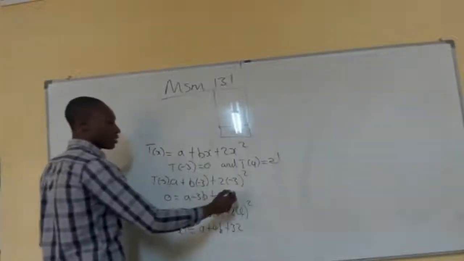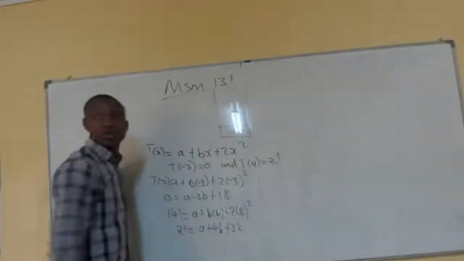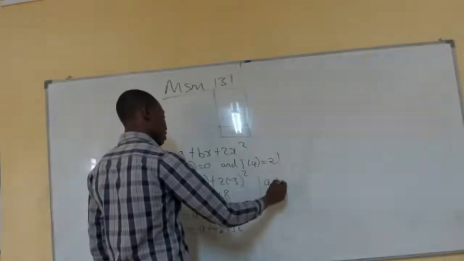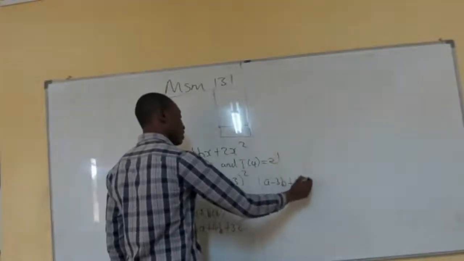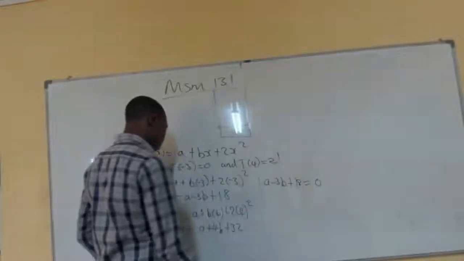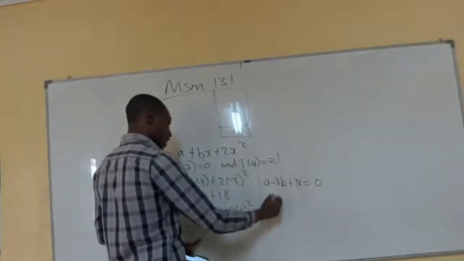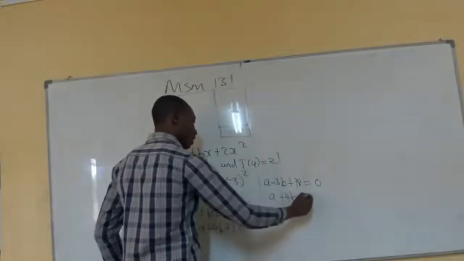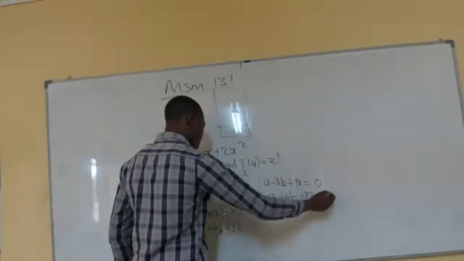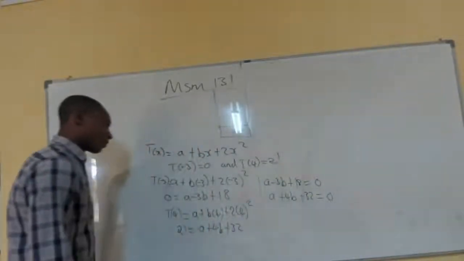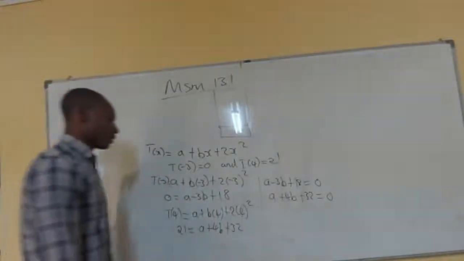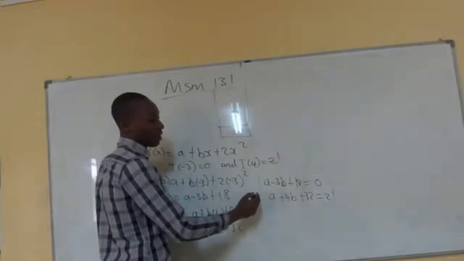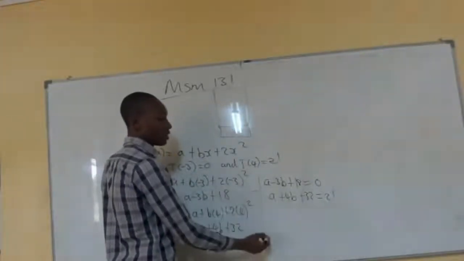Right, so the two equations that you will basically have are A minus 3B plus 18 is equal to 0, and the other one is A plus 4B plus 32 is equal to 21.